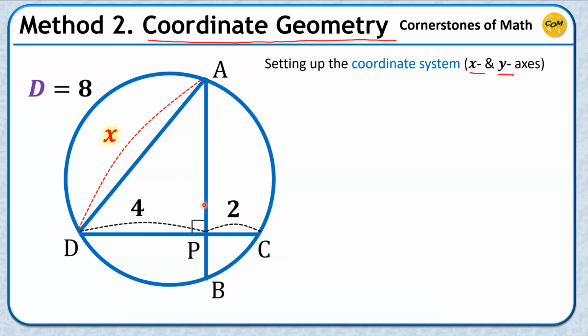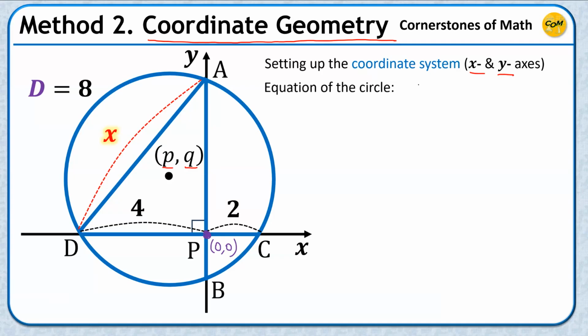And considering that we have two chords that are perpendicularly intersecting, it will be beneficial if we let lines CD and AB as x and y axis respectively. Hence the intersection point P becomes the origin 0, 0. We also need coordinates for the center of the circle, so let p, q be the center of the circle.